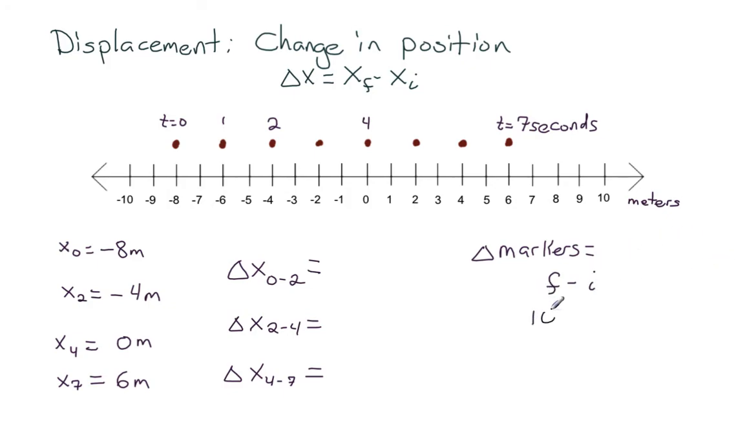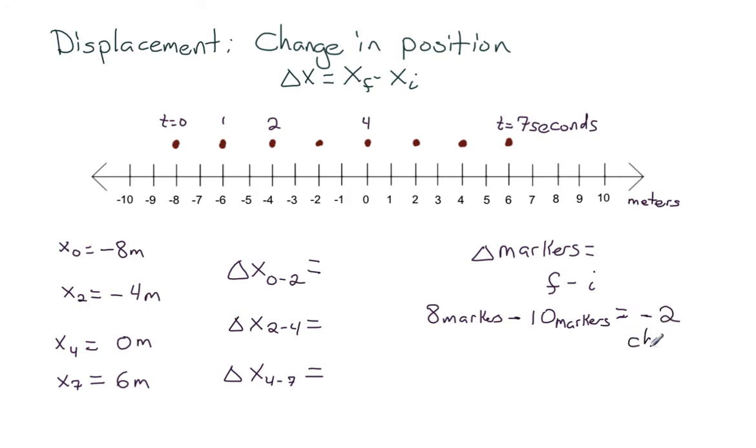So if you had 10 markers in your hand initially, and then in the final case you had 8 markers, 8, the final number you had, minus 10, the initial number you had, 8 minus 10 is equal to -2.